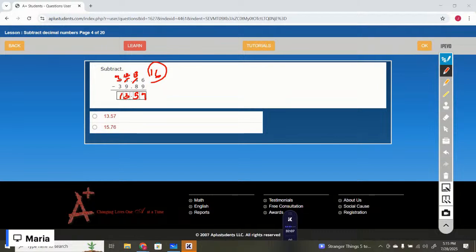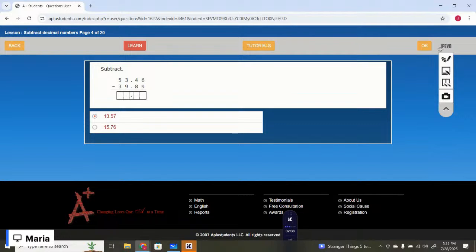That is 13.57. Option number 1 is the correct option.